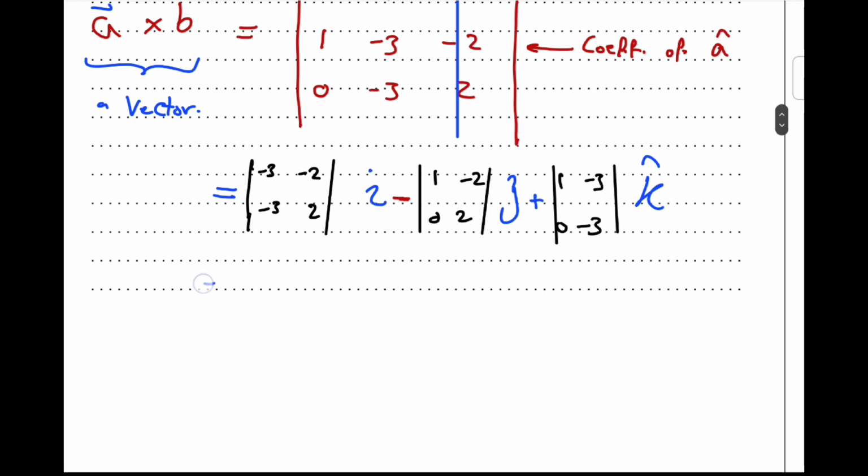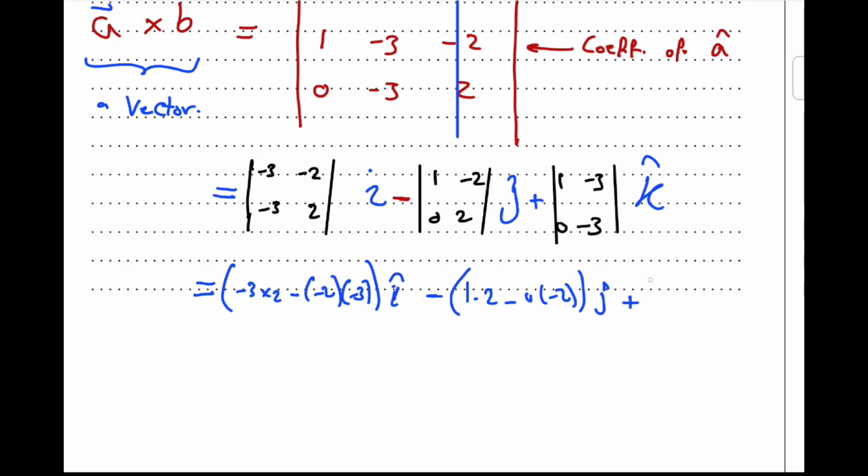So, continue the solution. The determinant here is -3 times 2 minus -2 times -3, and this is i, minus 1 times 2 minus 0 times -2, j, plus 1 times -3 minus 0 times -3, and that's k.